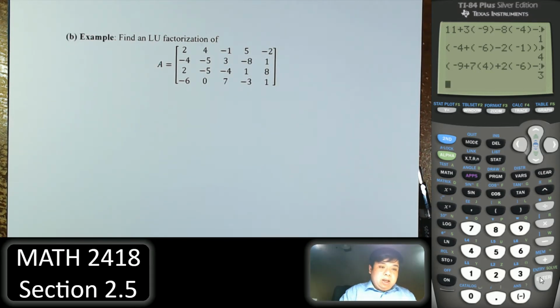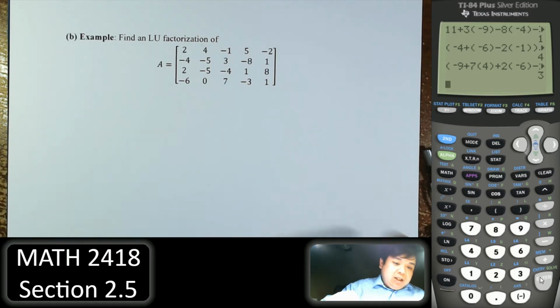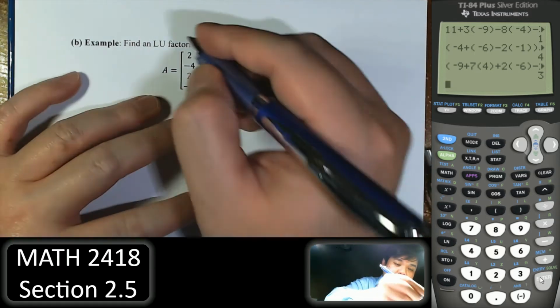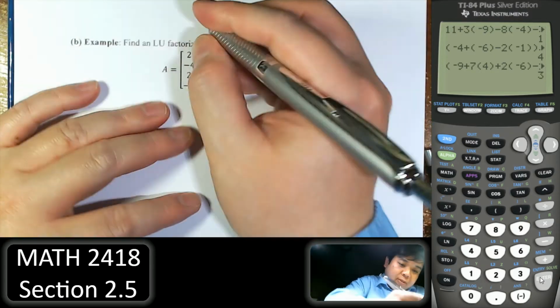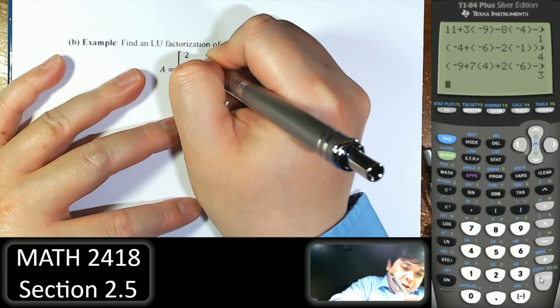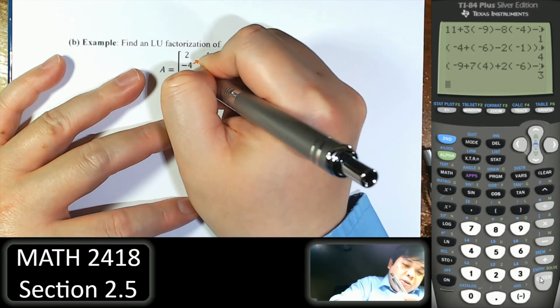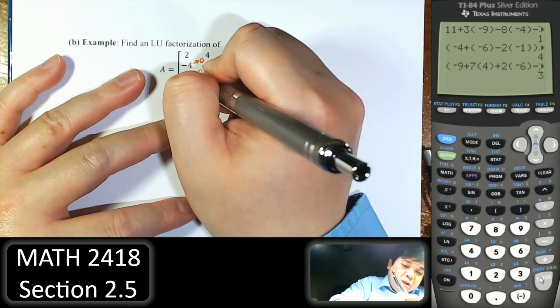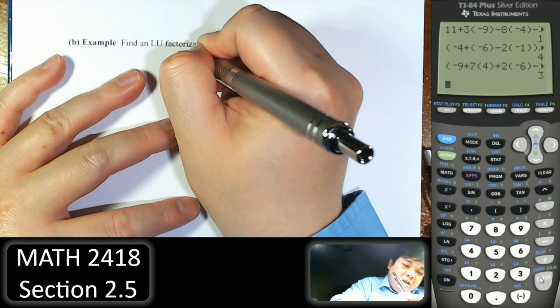That's perfectly fine. So first, if this is in the echelon form, the way we define it is that we're going to turn the negative 4 here into 0, and we turn the 2 here to 0, and we turn the negative 6 here to 0, all of which based on the pivot of 2.